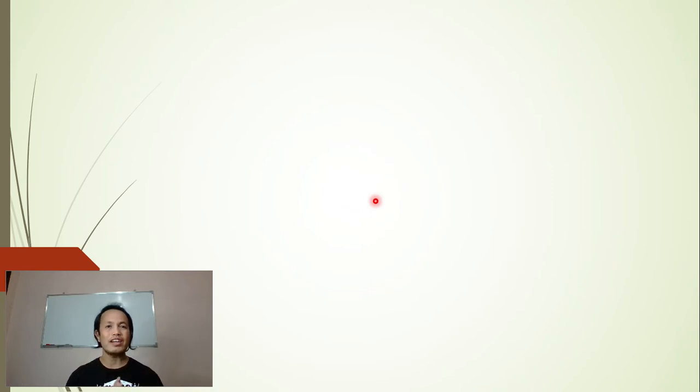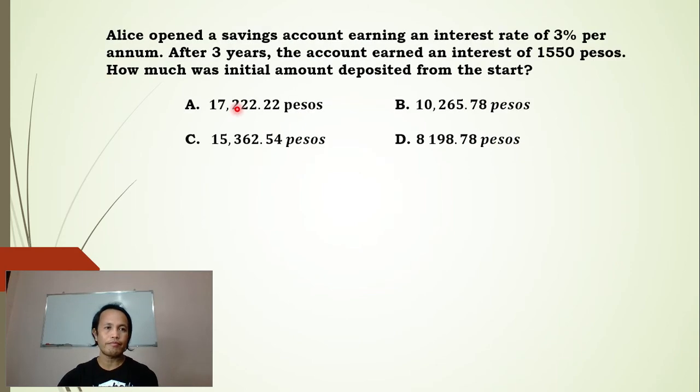So we will start with these examples. Alice opened a savings account earning an interest rate of 3% per annum. After 3 years, the account earned an interest of 1,550 pesos. How much was the initial amount deposited from the start?